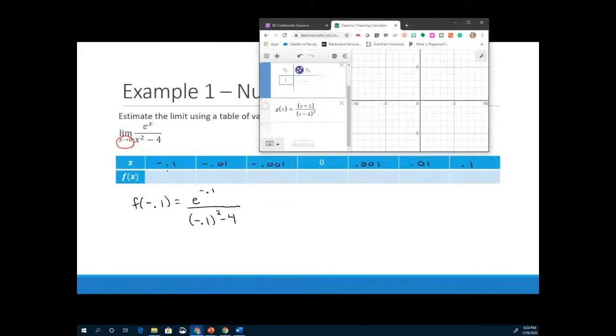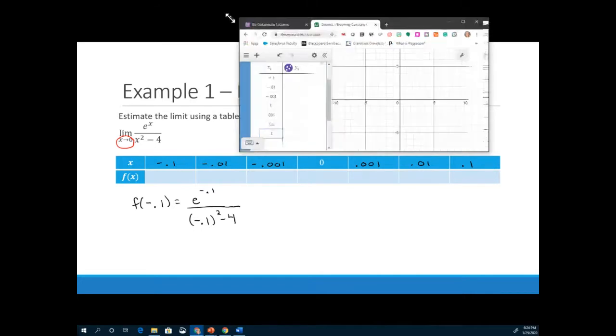I'm going to put in my x values from the table: negative 0.1, negative 0.01, negative 0.001, 0, 0.001, 0.01, 0.1. So I'm filling in my table with my x values.